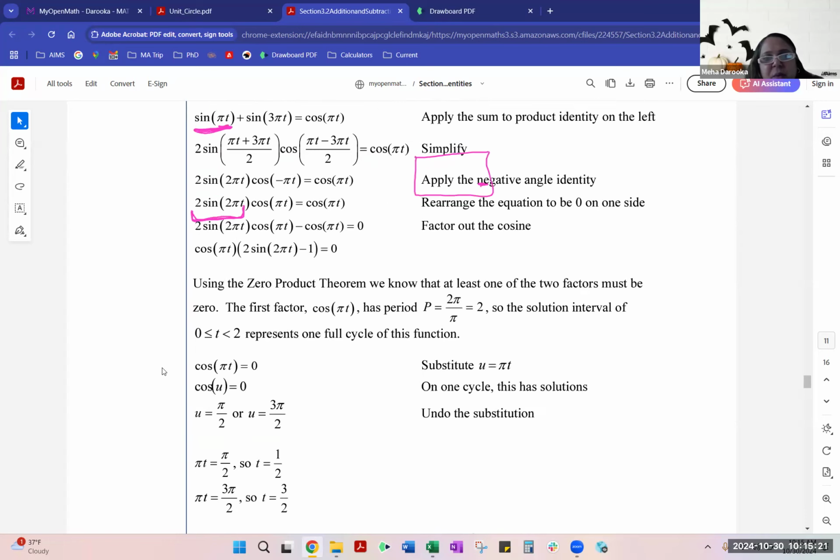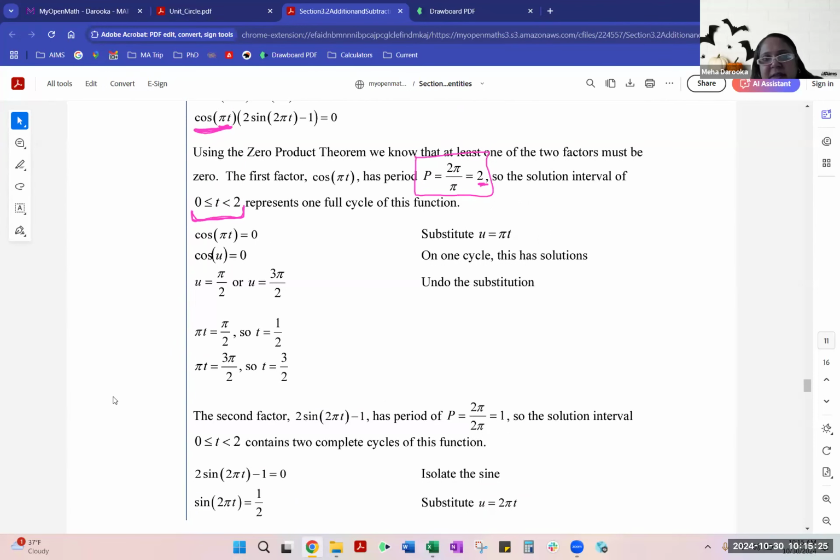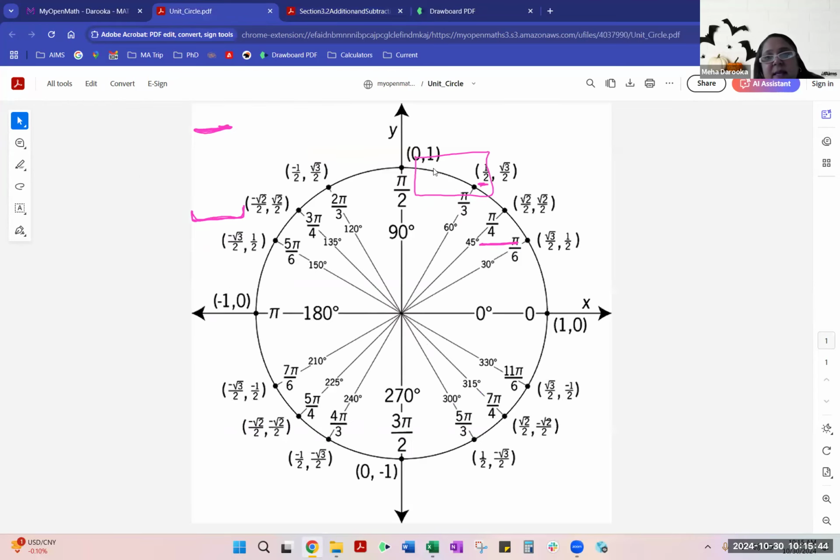Remember they told us t is between 0 and 2, not including 2. So that works out well with the period of the cosine function here. Now we can go ahead and set cosine of pi t equal to 0 and solve that. You will see we're doing the u substitution here. So cosine of u equal to 0. Again, we know cosine is going to be 0 at the pi halves angle, and then at the 3 pi halves angle over here.